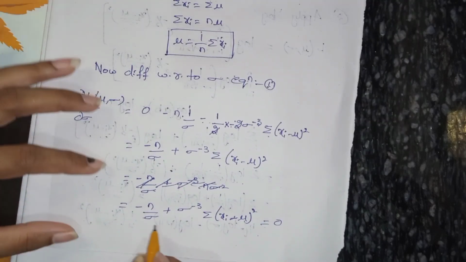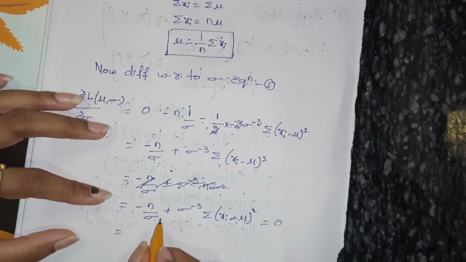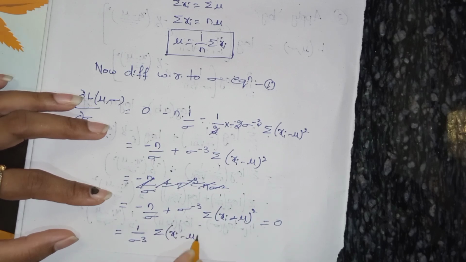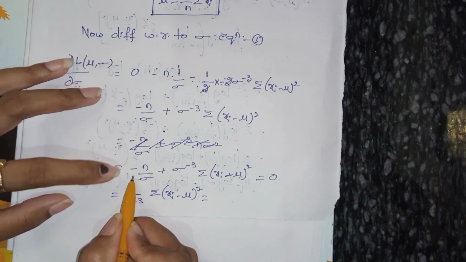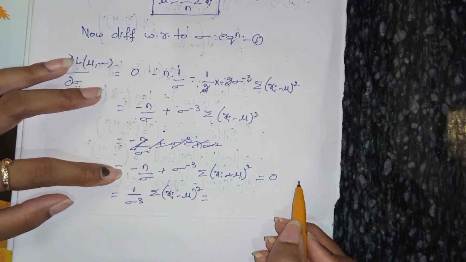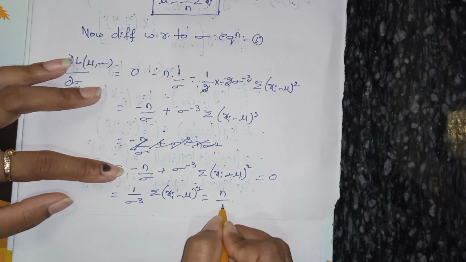Now what we have to do is write this term again as 1 by sigma cube summation xi minus mu whole square equals, moving this term from LHS to RHS, the minus will vanish, so n by sigma.